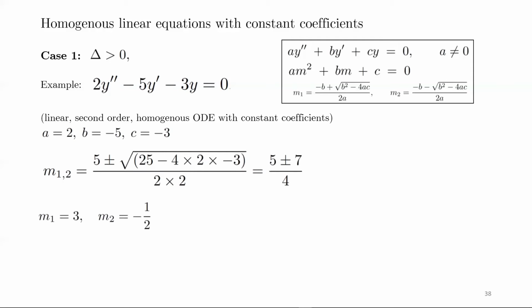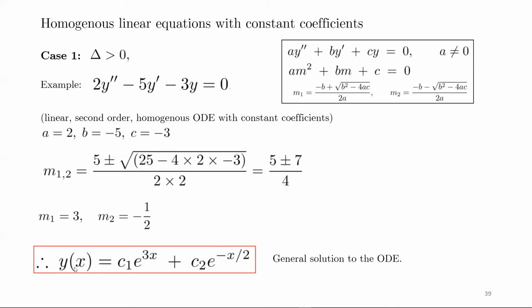So our two roots to the auxiliary equation, you could say the two roots to this quadratic equation, are 3 and -1/2, which means we can form the general solution to this ODE as y of x equals c1 e to the 3x, so 3 there being m1, plus c2 times e to the -1/2 x, where -1/2 is m2.